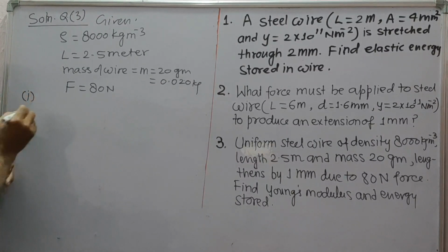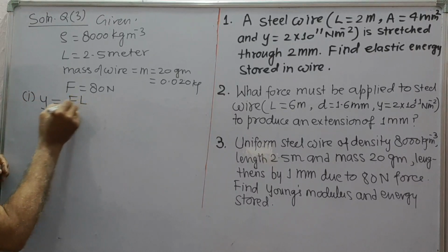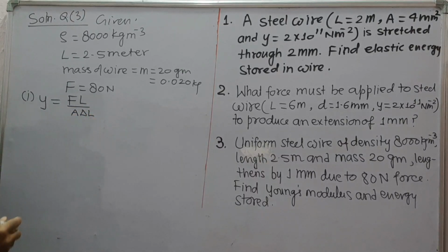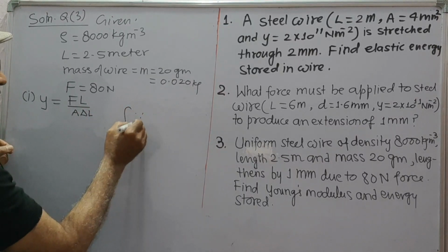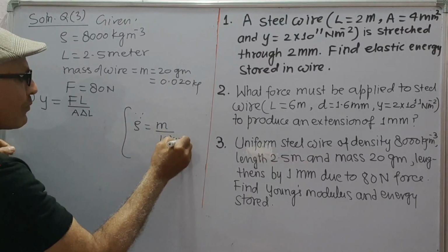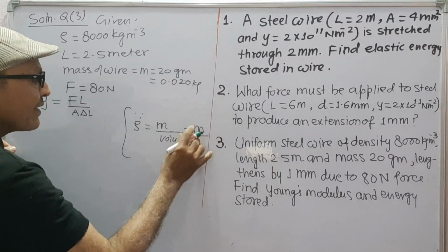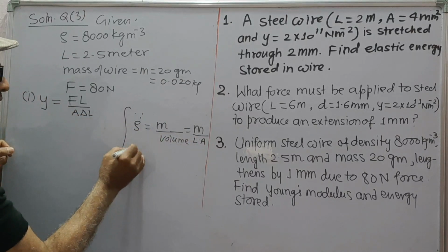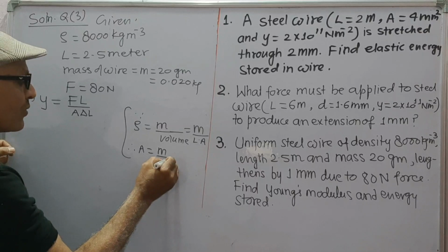First, Young's modulus Y is equal to F L upon A delta L. Because density is equal to mass upon volume, and volume is length into cross section, it gives A as m upon L into rho.